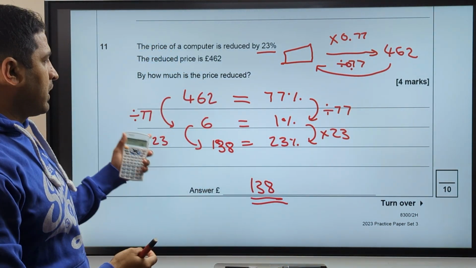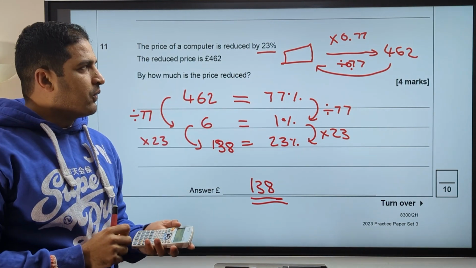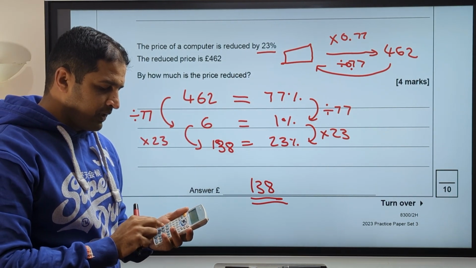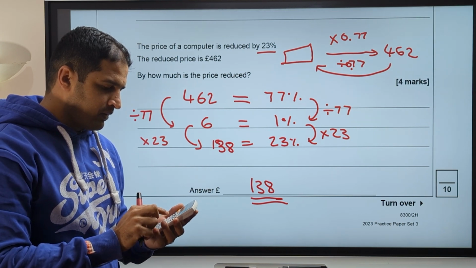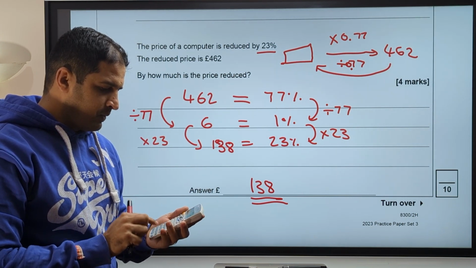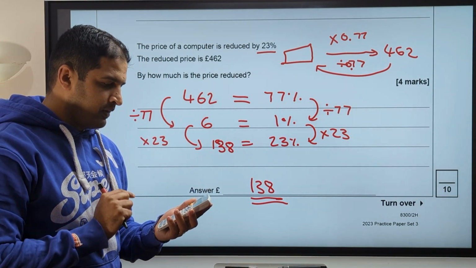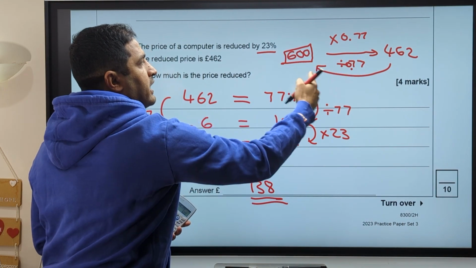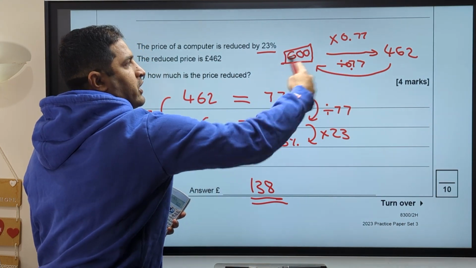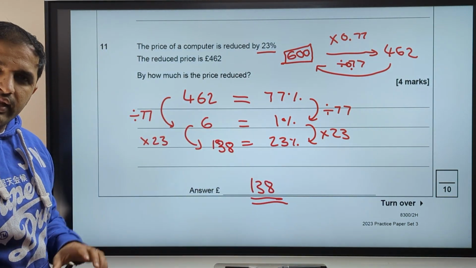So 462 divided by 0.77 gives me 600. So obviously the reduction in price, 600 take away 462, is that 138.